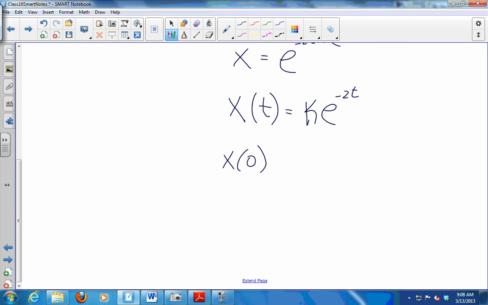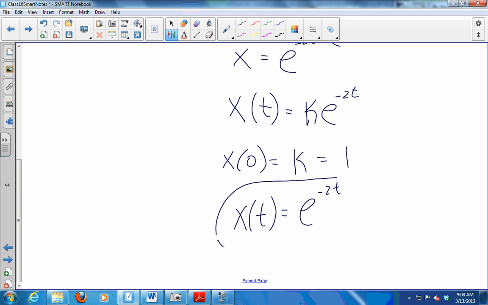So x of 0 would be k, which is 1. So we know k is 1, and my final formula is e to the negative 2t for x of t. So nothing new here, right? It's a system, but it's decoupled, so we can solve each one separately.